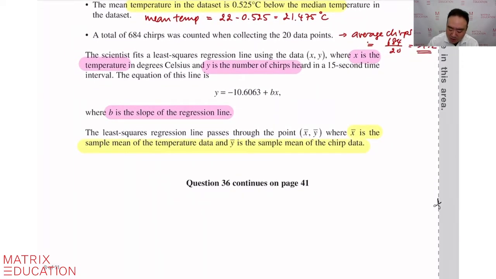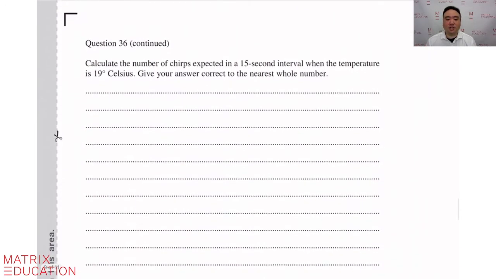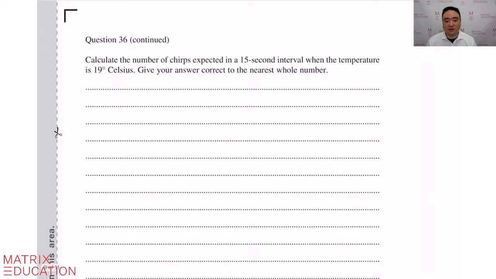So based on all the information we've analyzed, the mean temperature, which is x bar, is 21.475 degrees, and the average number of chirps is 34.2. Now let's see. Question 36 says calculate the number of chirps expected in a 15-second time interval when the temperature is 19. So when we interpret this question, calculate what?